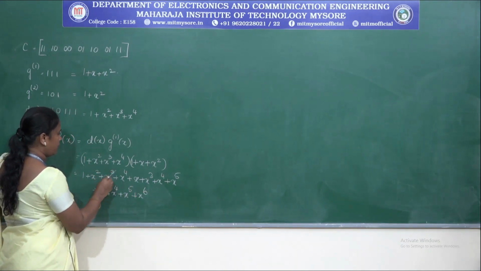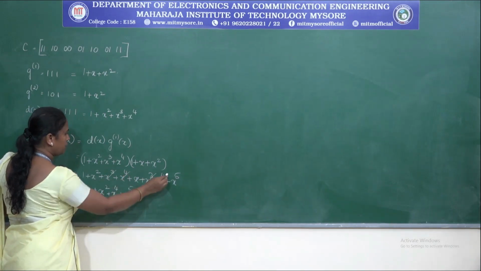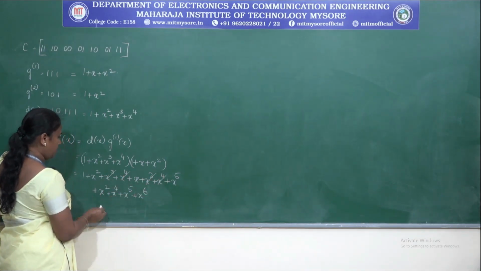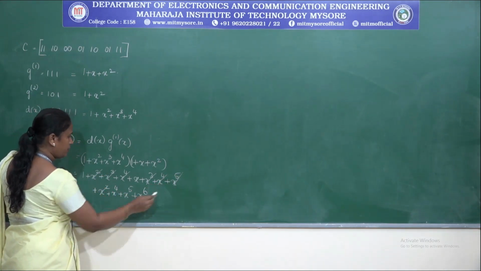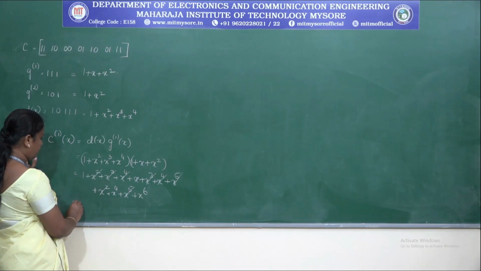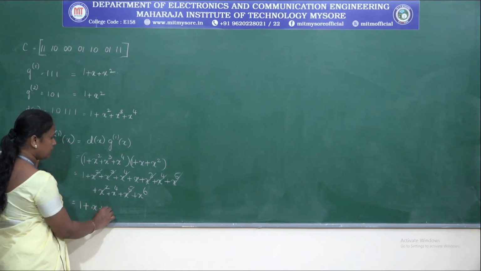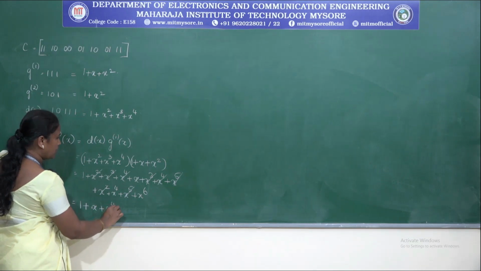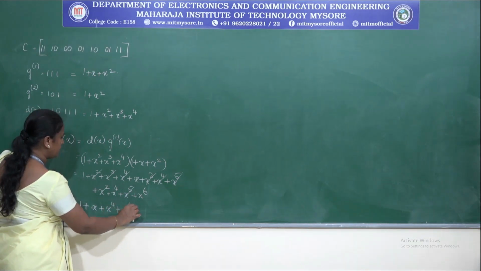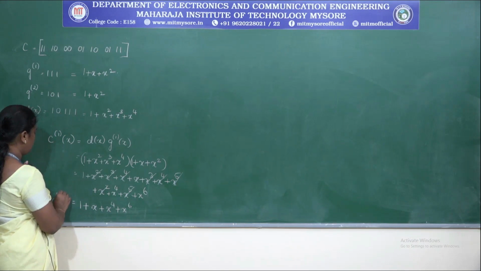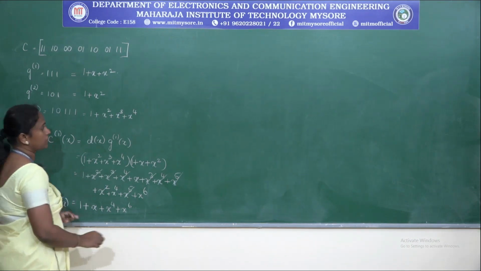Now x3 and x3, x4 and x4, x square and x square, then x5 and x5 cancel. We are left with 1 plus x plus x to the power of 4 plus x to the power of 6. This is your C1 of x.